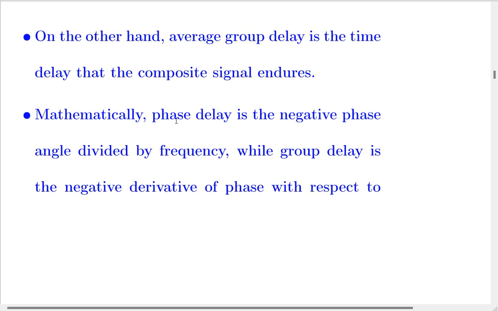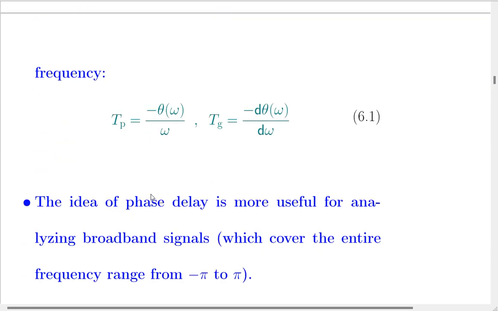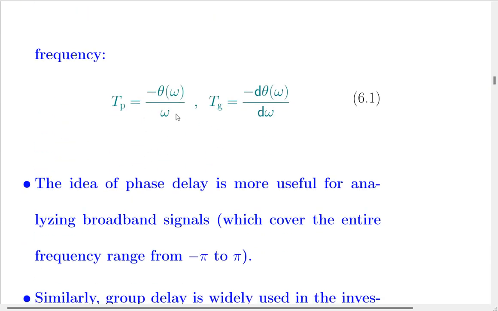Mathematically, phase delay is the negative phase angle divided by frequency, while group delay is the negative derivative of phase with respect to frequency. In mathematical form, here you see phase delay, minus theta of omega over omega, and group delay, minus d theta of omega over d omega.